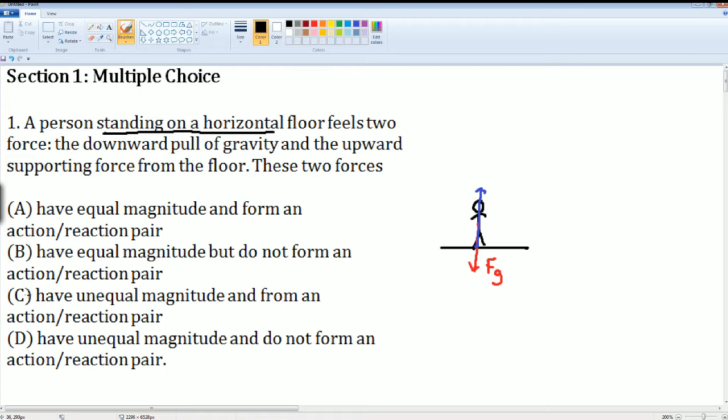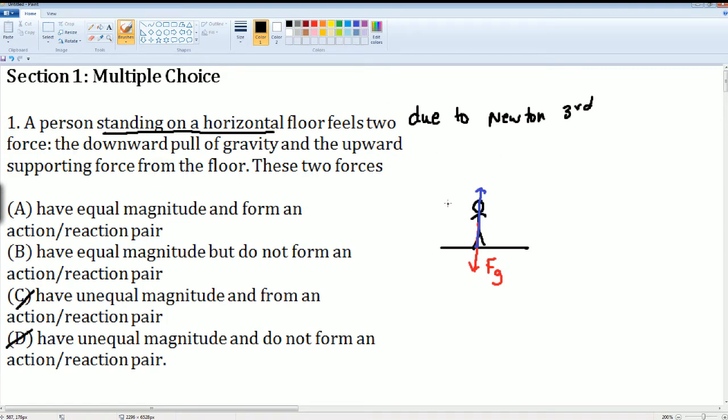So they have to be equal in magnitude, because this is due to Newton's third law of action and reaction.